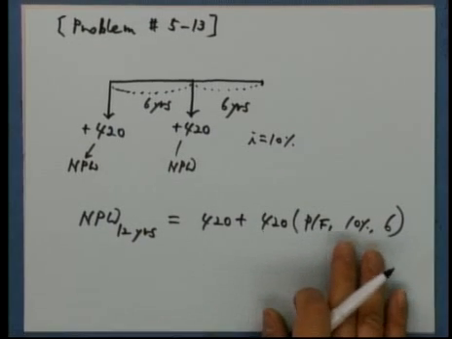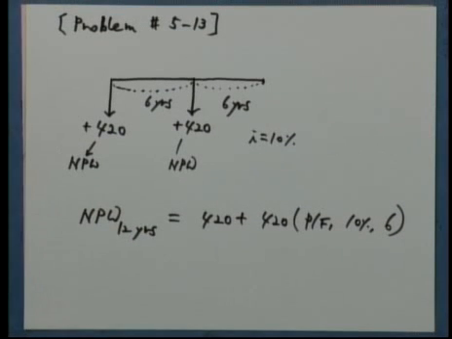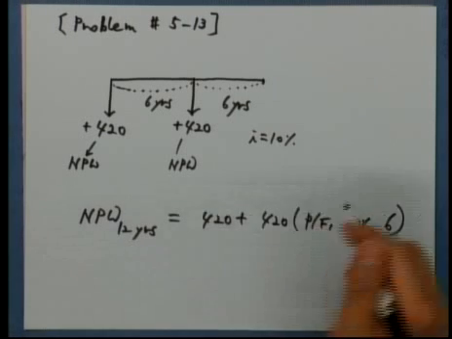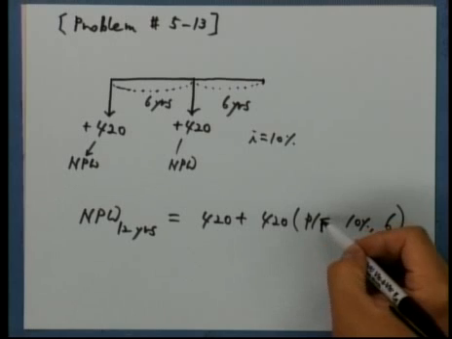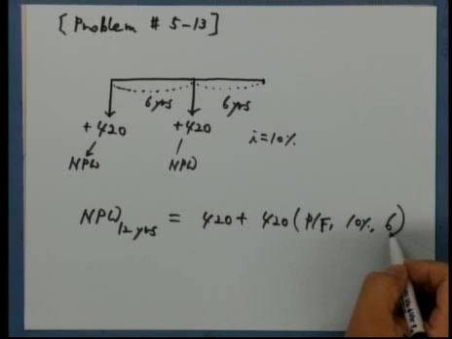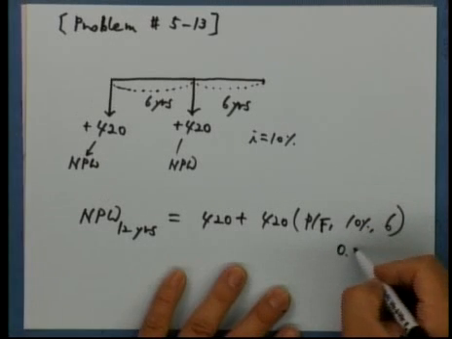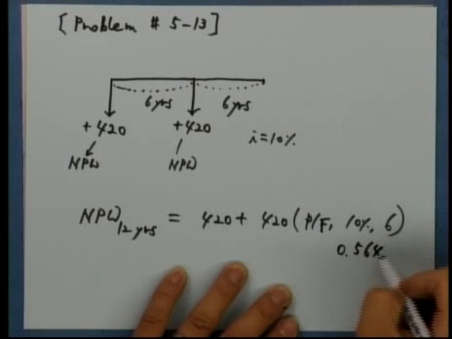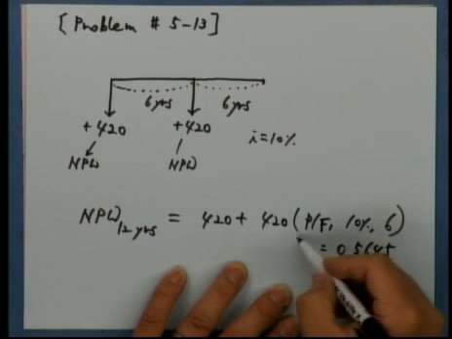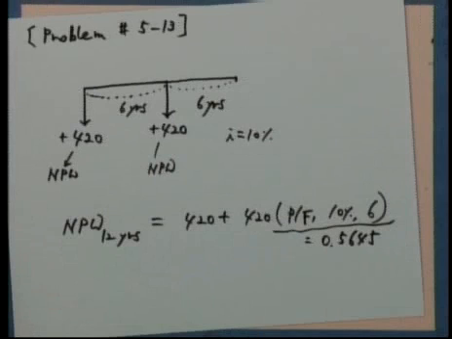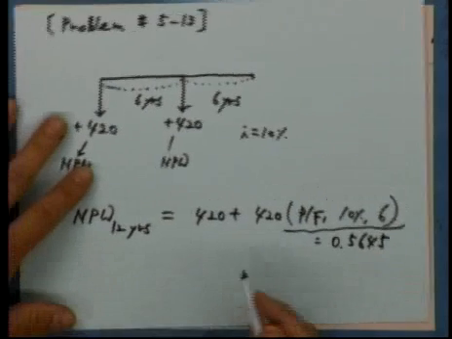So what is this factor value? 10%, P given F over 6 periods, 0.5645. So how much is that?